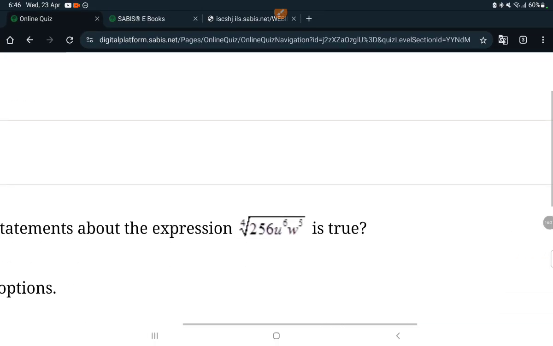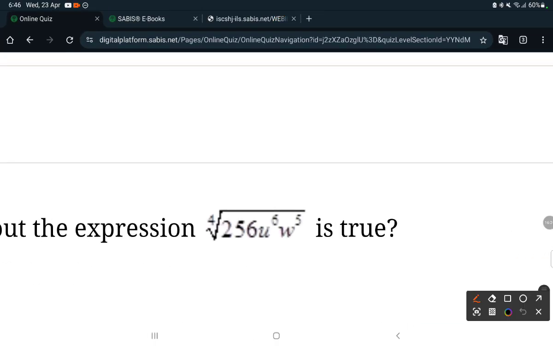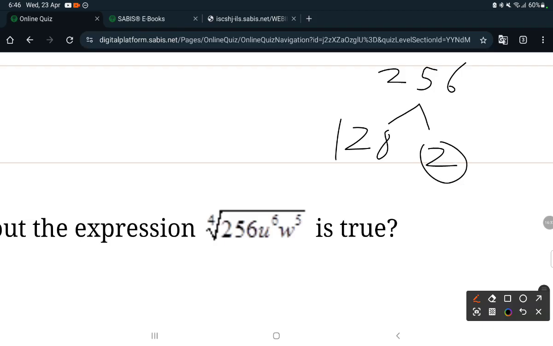Okay, so for this one, again, the first thing we always do is prime factorize. 256 is going to be 128 and 2. And then you could do the... I'm pretty sure it's just 2 to the power of 7.